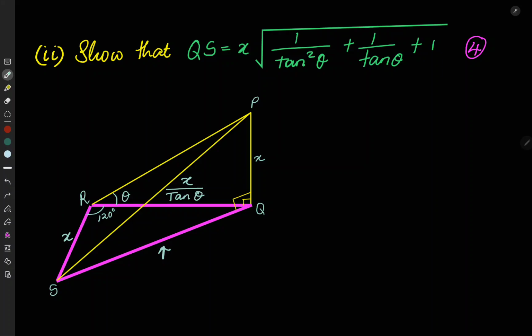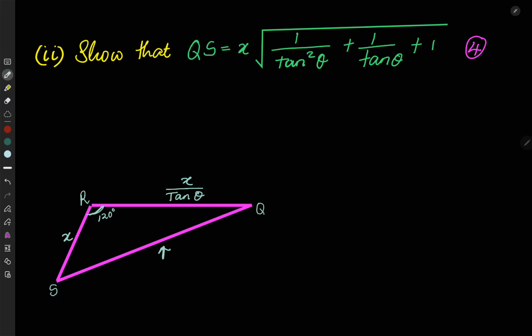Here I have highlighted triangle RSQ because it has a lot of information. There is the angle of 120 degrees, there is an x, and there is RQ, which we calculated in the previous question as x divided by tan theta. So don't forget to use that. Now let's just focus on triangle RSQ.